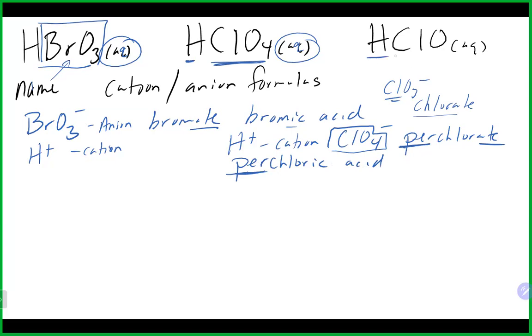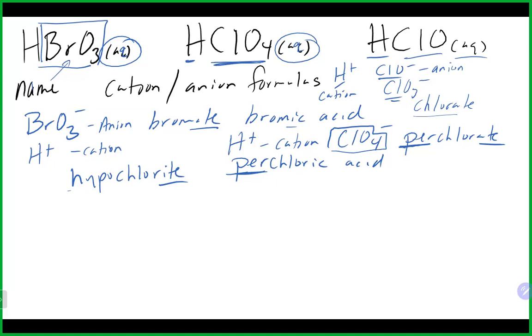Lastly, up here, that's an H, that's aqueous, so that's an acid. H plus is my cation, and ClO minus is my anion. ClO minus is hypochlorite. That ends in ite, which means my acid should end in ous. So ite to ous.